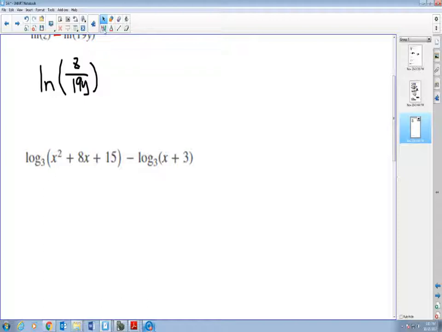What I'm looking at right now is the plus and minus signs outside the parentheses. That subtracting sign means dividing. So whatever is in my first term here has got to go on the top. So this is going to be log with a base 3 of x squared plus ax plus 15 over x plus 3.